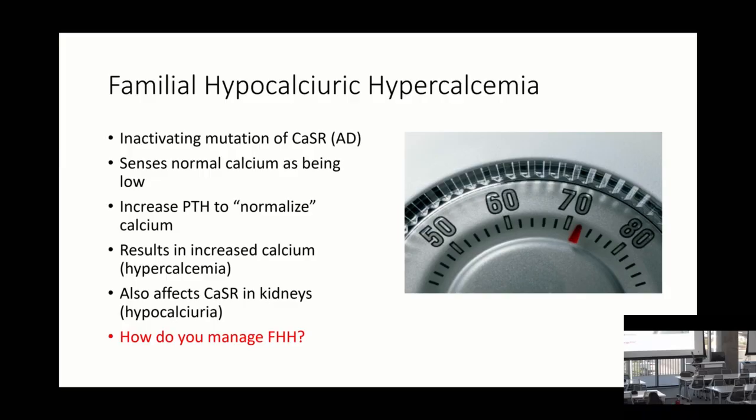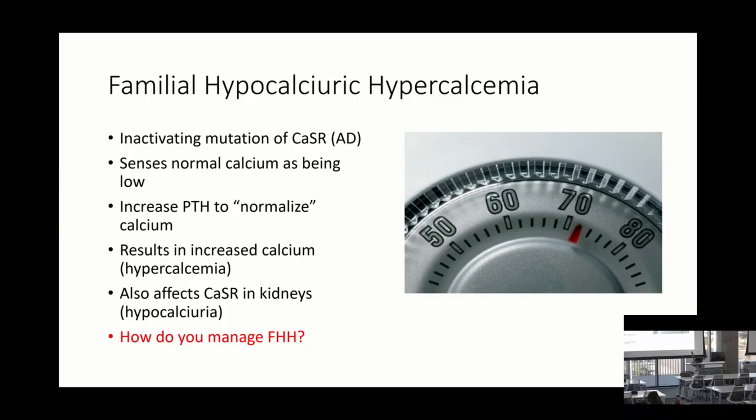If it's high, it will tell it to make less, right? So the calcium sensing receptor senses normal calcium as being low. What does that mean? It means that it will tell the parathyroid glands to make parathyroid hormone, even though there isn't true hypocalcemia. So by increasing the PTH level, the parathyroid hormone will increase the calcium level up to that particular threshold, and results in increased calcium.